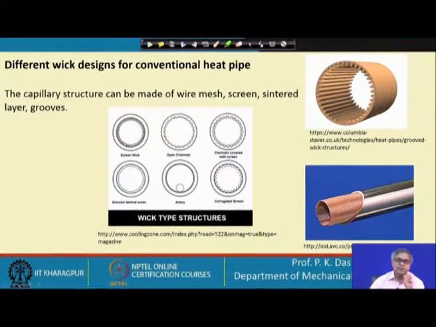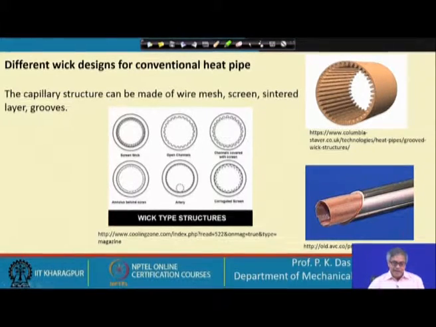A screen type of wick is nothing but a wire mesh, and one layer or several layers of wire mesh are kept inside. You can see this is the tube wall, and close to the tube wall we have the wire mesh, called the screen type wick.